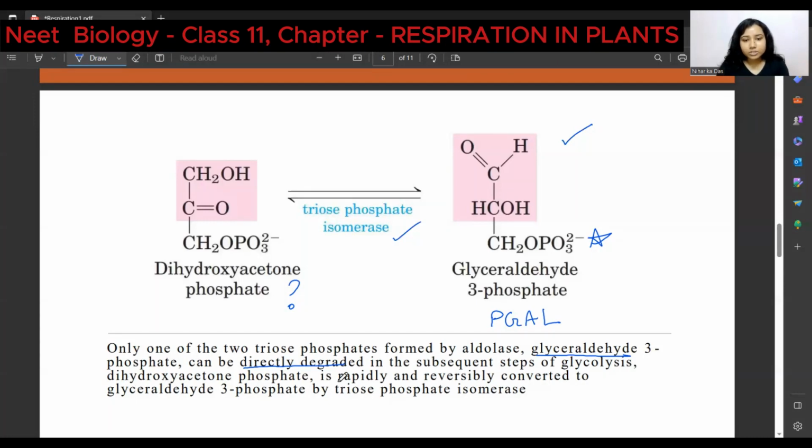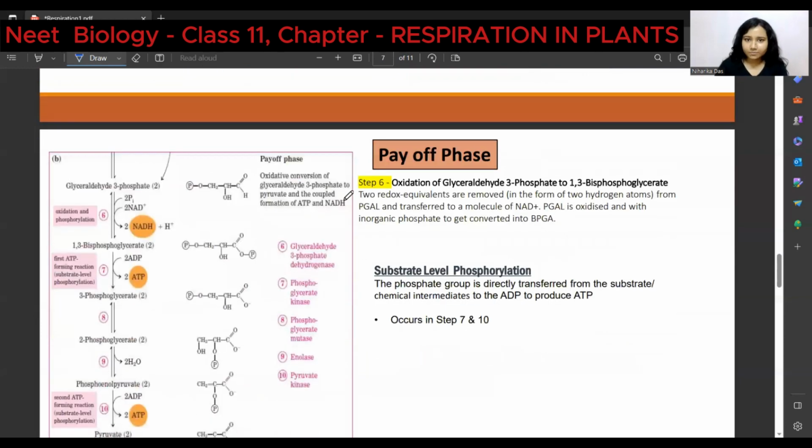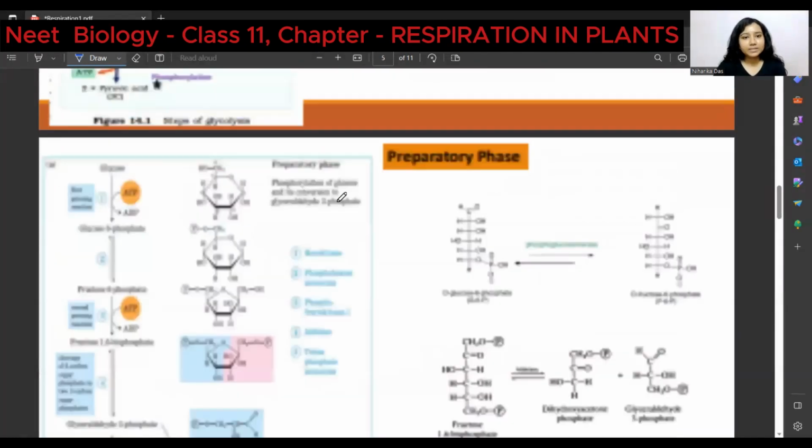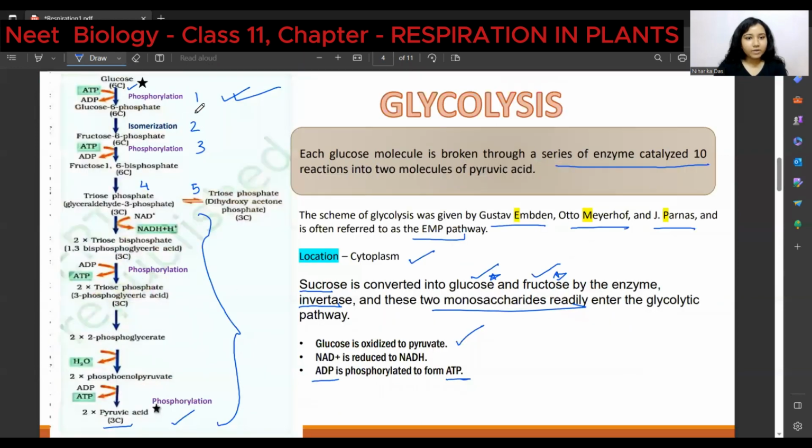So dihydroxyacetone phosphate is rapidly and reversibly converted into glyceraldehyde 3-phosphate by triose phosphate isomerase, and then it takes part in the second phase, that is the payoff phase. Okay, so I hope the first 5 steps are clear.